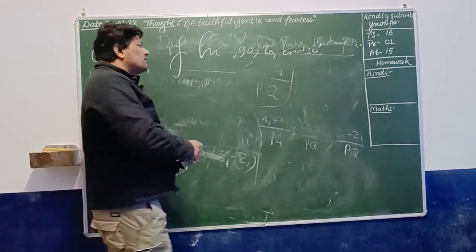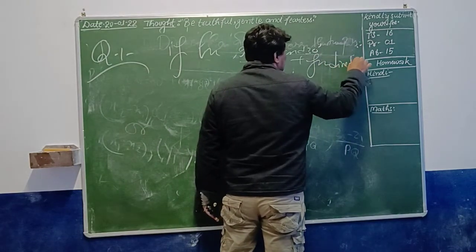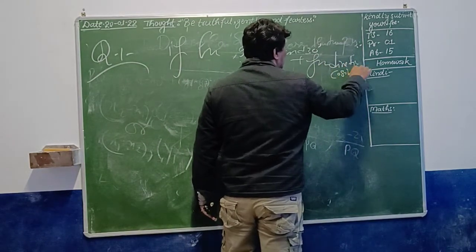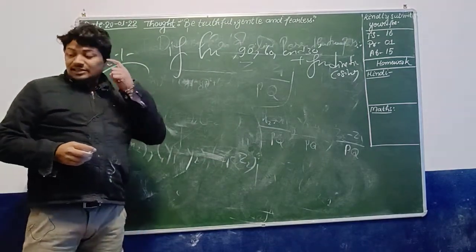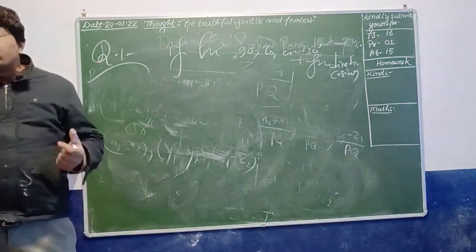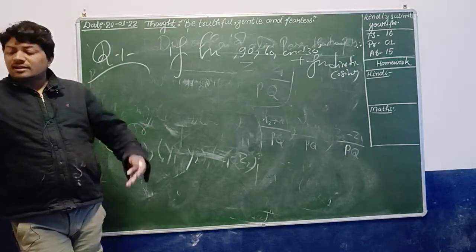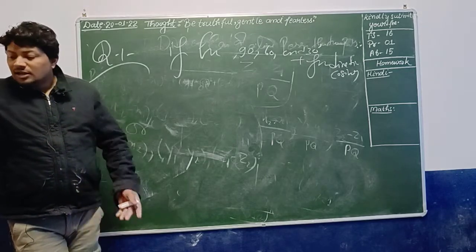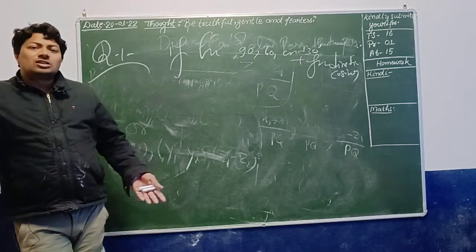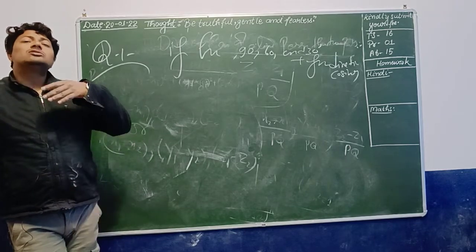So you have to find the direction cosines. As everybody knows, the direction cosines of a line are l, m and n, where l equals cos alpha, m equals cos beta, and n equals cos gamma.